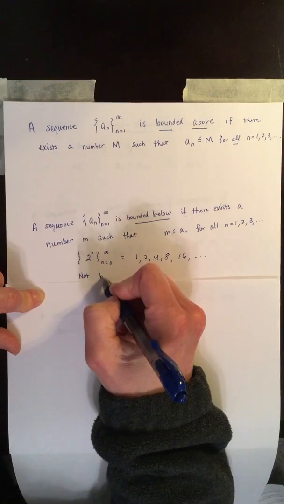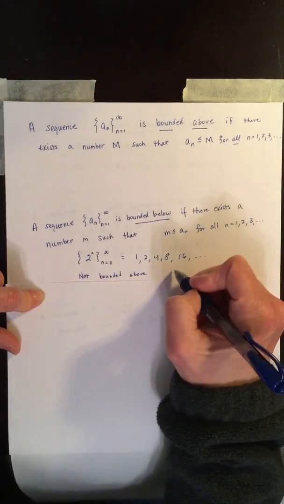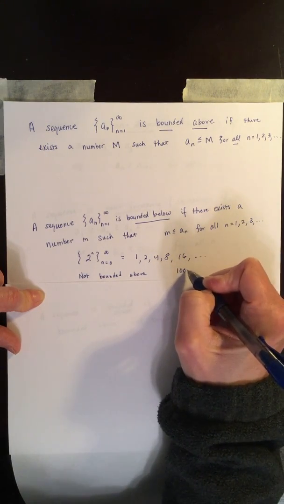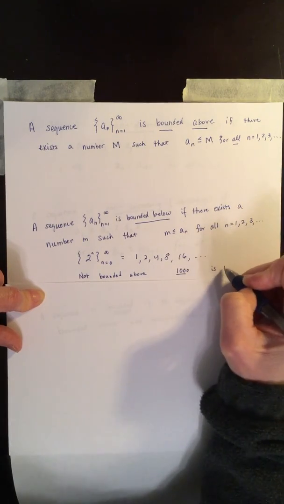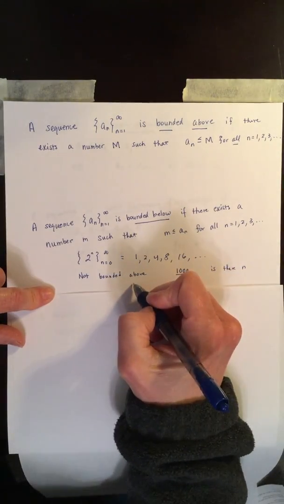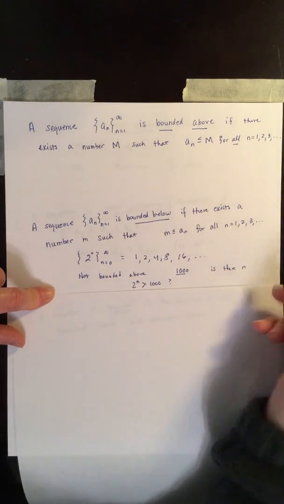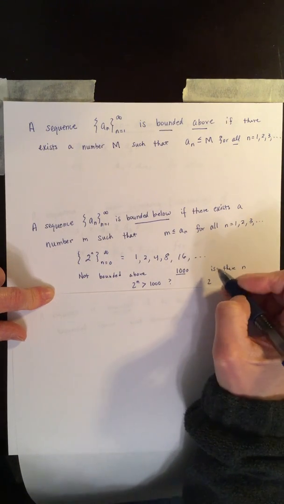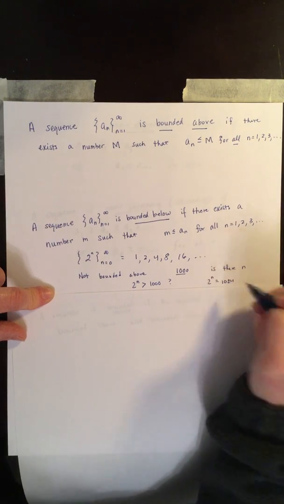The sequence is not bounded above, because for any number m, so for example 1000, is there some n such that 2 to the n is bigger than 1000? Well, sure. At some point we know that there's a 2 to the n such that we actually get 1024, right?